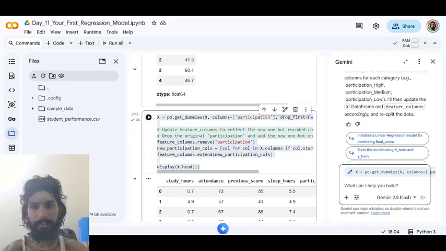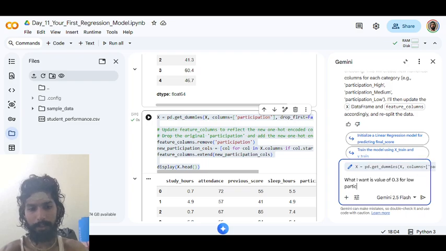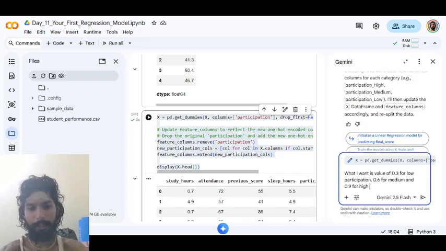What I want is a value of 0.3 for low participation, 0.6 for medium, and 0.9 for high participation.